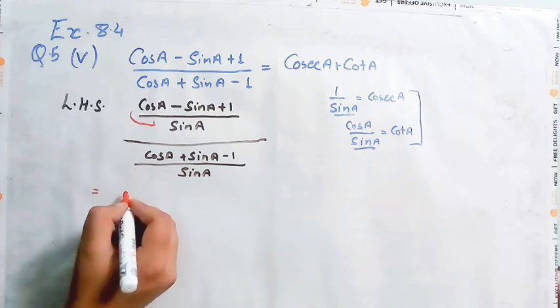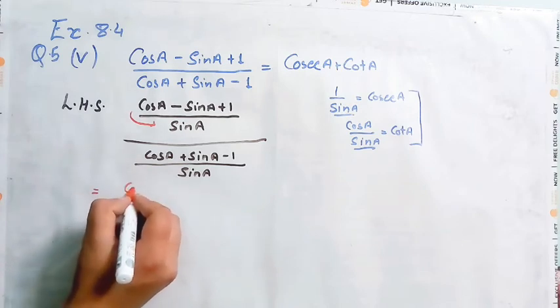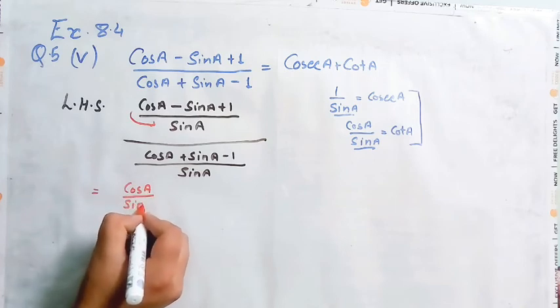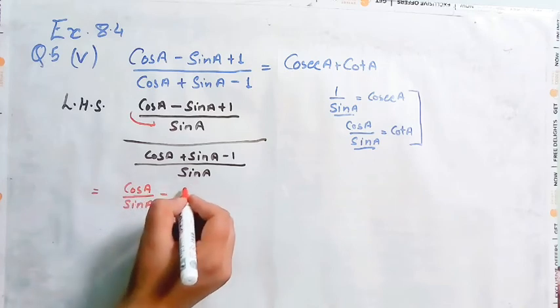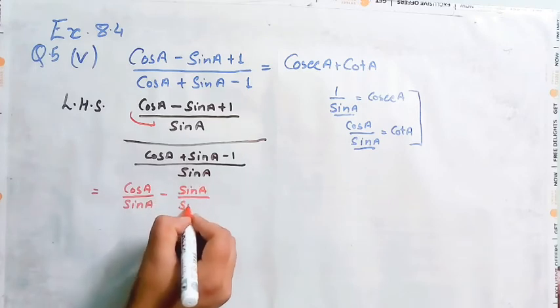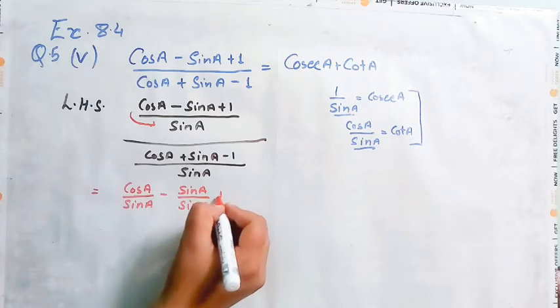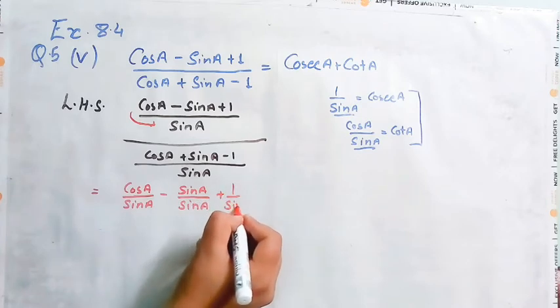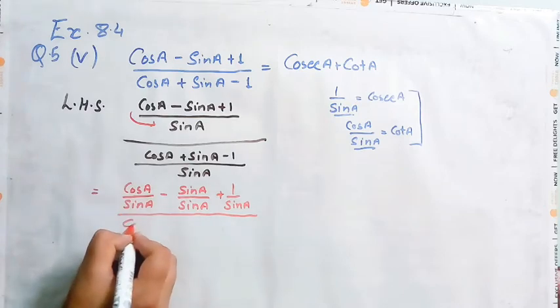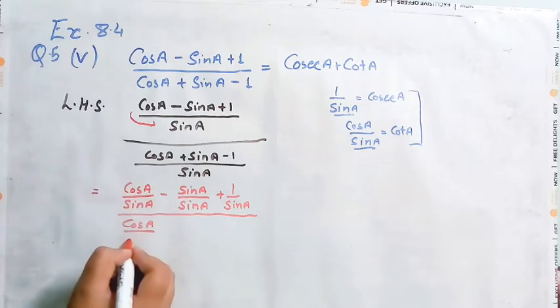So it will become cos A upon sin A minus sin A upon sin A plus 1 upon sin A, whole upon cos A upon sin A.